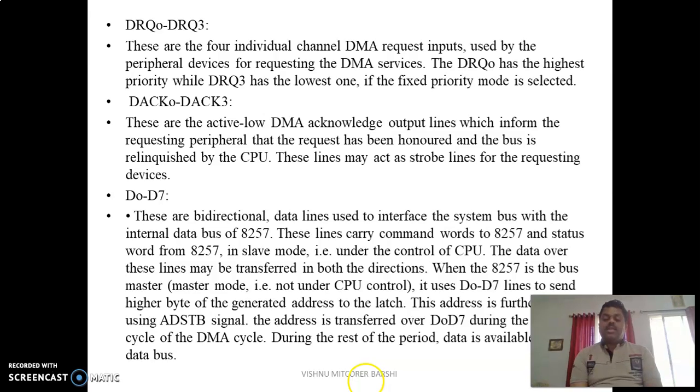The data over these lines may be transferred in both directions. When the 8257 is in bus master mode, which is not under CPU control, it uses D0 to D7 lines to send the higher byte of the generated address to the latch. This address is further latched using the ADSTB signal. The address is transferred over D0 to D7 during the first clock cycle of the DMA cycle. During the rest of the period, data is available on the data bus.